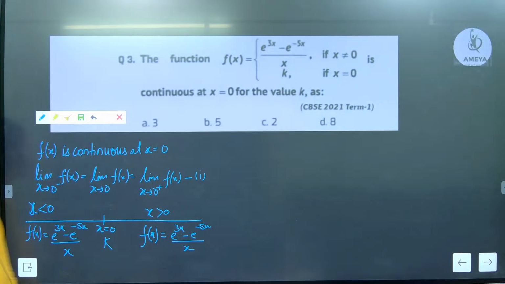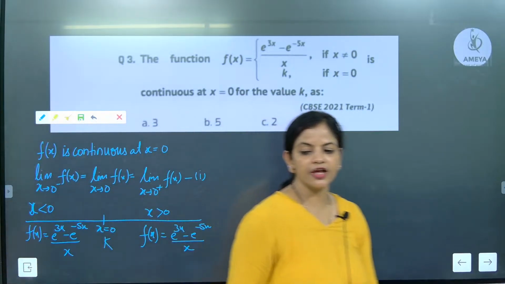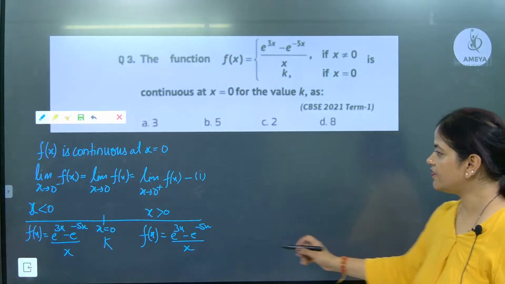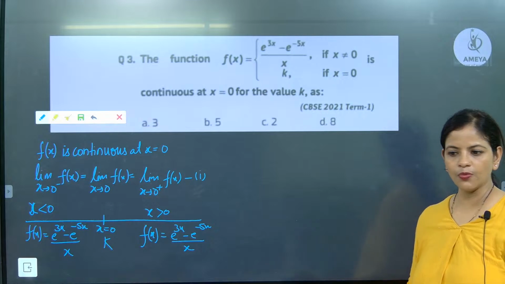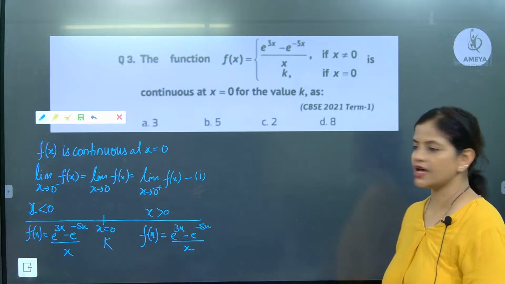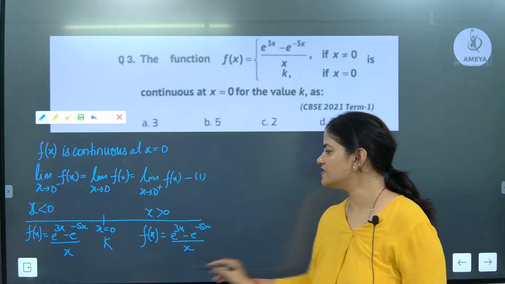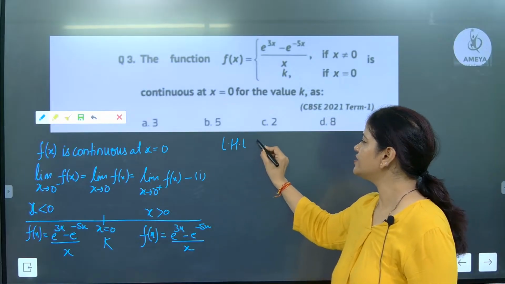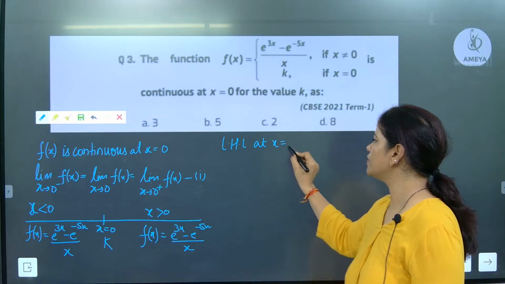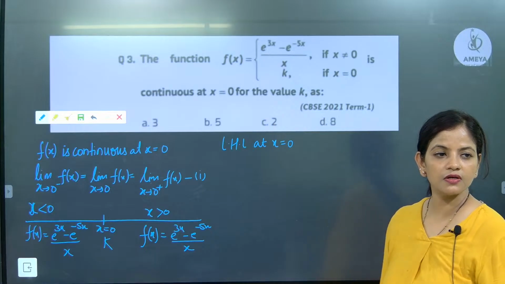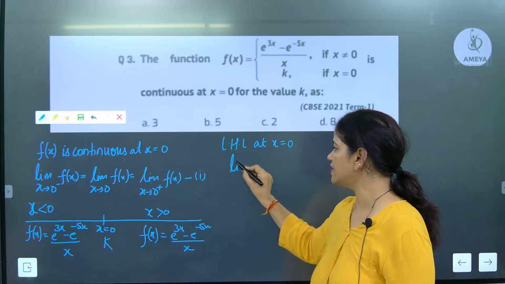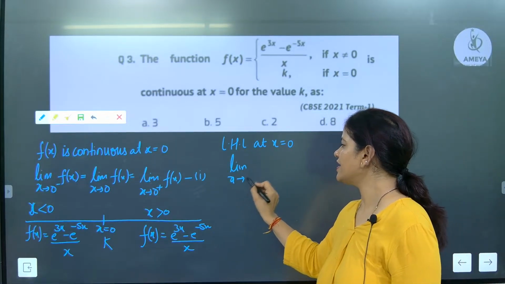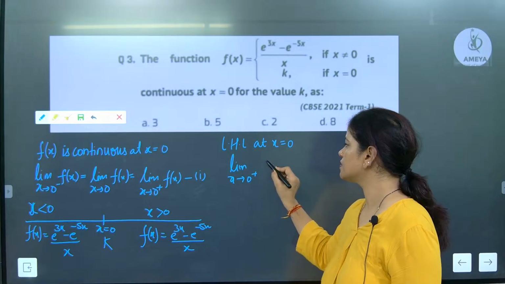Done. So this is exactly the left side and right side. I hope it is visible. Is it visible? Okay, nicely, no problem. So this is LHL and RHL. Now, beta, can we take any one side? We will take RHL. In RHL, at x equal to 0, what can we write here, Vishwa? Vishwa, focus. Limit x tends to 0 plus.